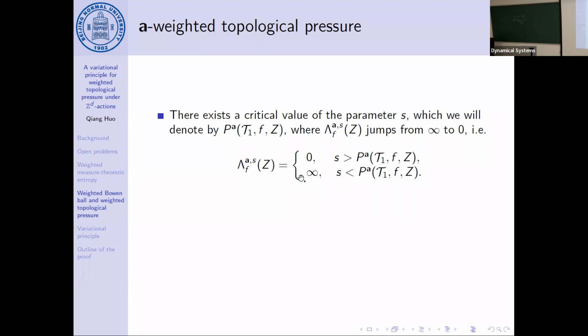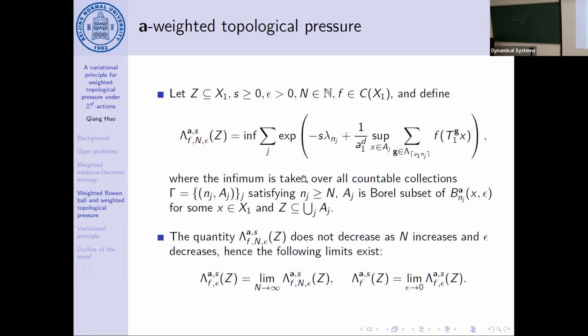Could you show the previous slide for a moment? Okay. Minimum over x. What is m_j? Is it a subsequence, or what is m_j? Small n with index j.